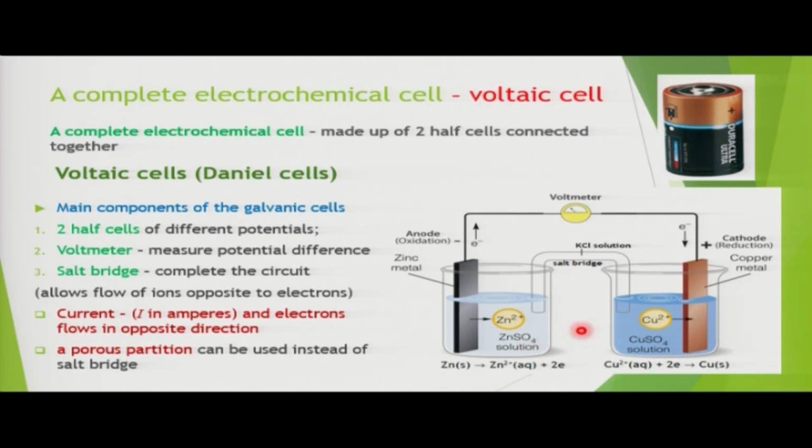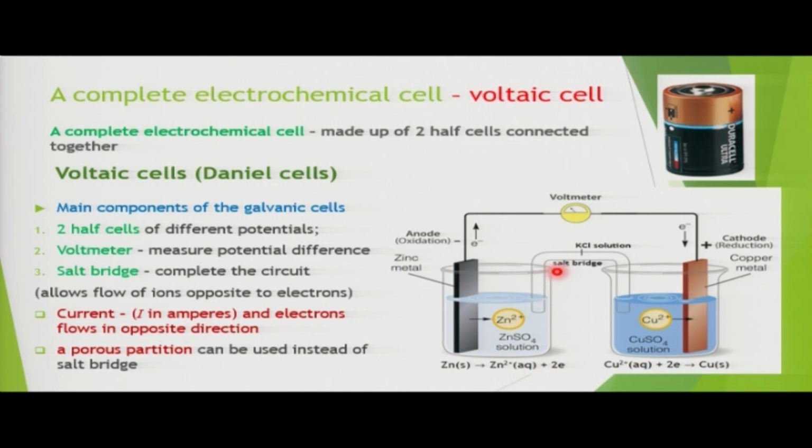And we talked about the potentials in terms of being a more negative potential if it releases electrons first, and a more positive potential if it easily gains electrons. So when the two cells are connected together, they create a potential difference, which is measured by the voltmeter, as you see over here.